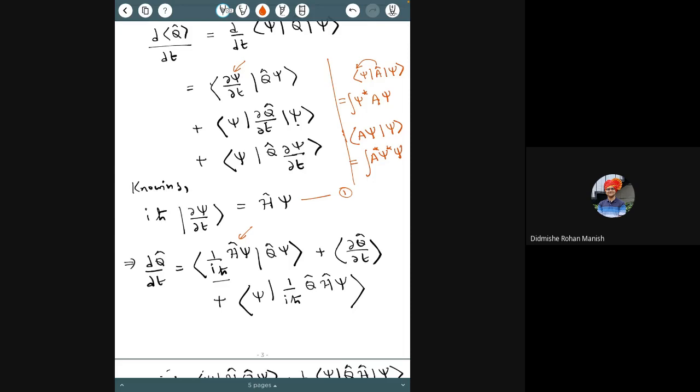Do you mean A dagger or A star? Well, if I write it in integral notation, then A dagger doesn't make sense, but typically it is, yes, A dagger. If I wrote it in a matrix form, then the dagger would make sense. If it's in an integral, then A dagger is not different from just A star. So it depends on what notation I'm using.